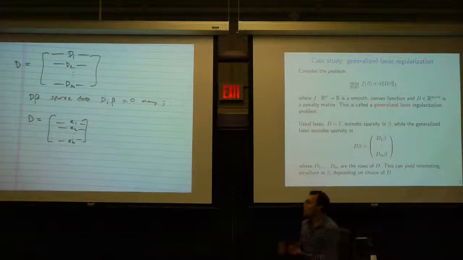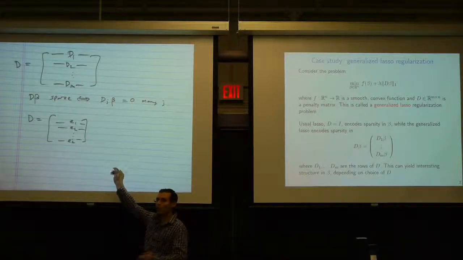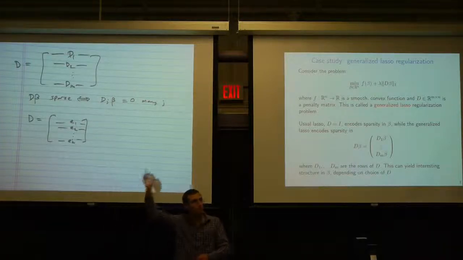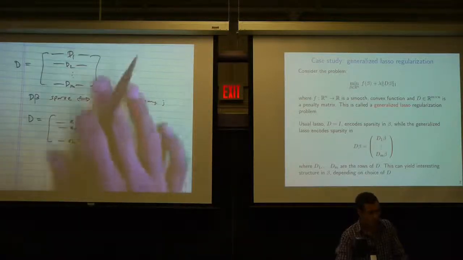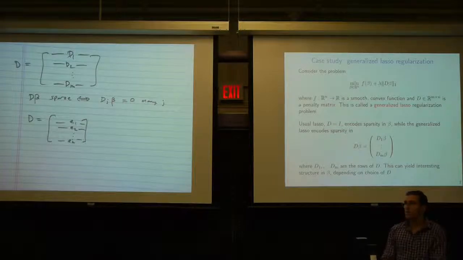So being sparse without any kind of modification means just being sparse with respect to the canonical basis. We could think about beta being sparse with respect to a basis determined by the rows of D, and that's what this generalized lasso problem is doing. And depending on what D is, it might yield interesting structure in beta, more so than just having a lot of zeros and some non-zeros.